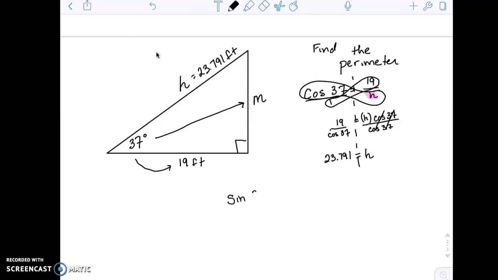Sine 37 degrees is equal to the missing side divided by, oops, that's not sine. Stop me. It's not sine. What is it? Right, it's tangent. I'm sure at least one of y'all caught me. So it's tangent because it's opposite and adjacent.